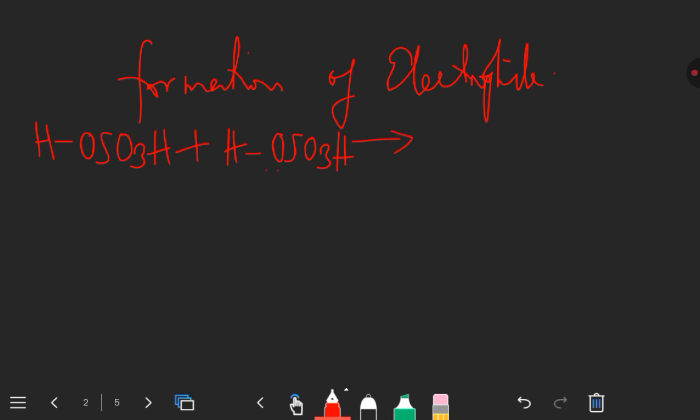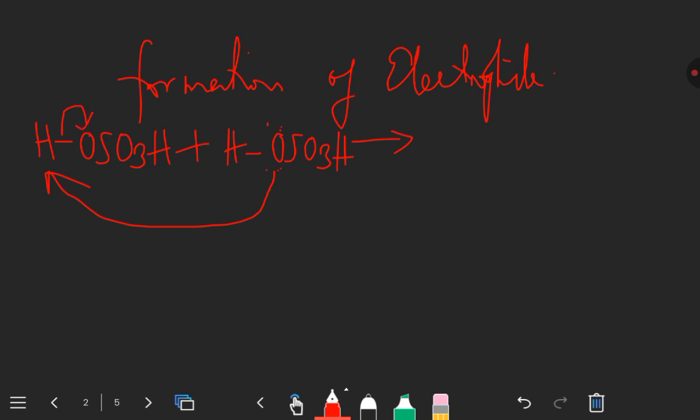So this oxygen here has some lone pairs of electrons. So these lone pairs of electrons can grab one hydrogen there. So this bond now will break. Then the oxygen, since it's more electronegative, will take the electrons.